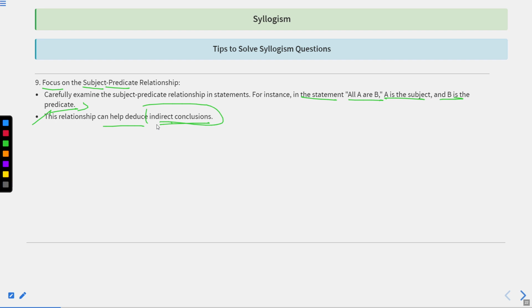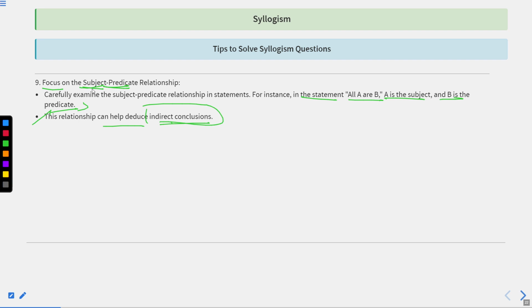But when you convert it, you will figure out that the statement says all B are A. Therefore, the subject will be B and the predicate will be A. So, on the basis of the subject and the predicate, you need to figure out the conclusion or inference being drawn from the statement. That is why the knowledge of the subject and the predicate is very important.